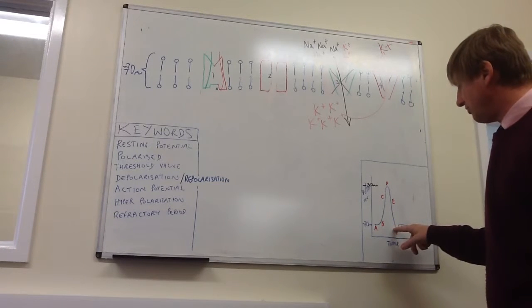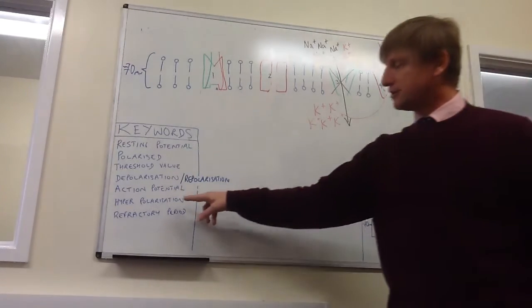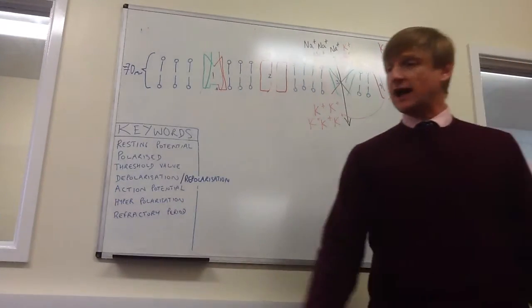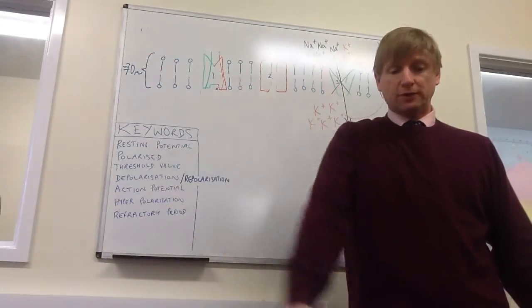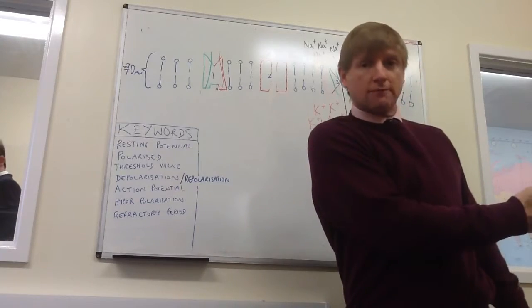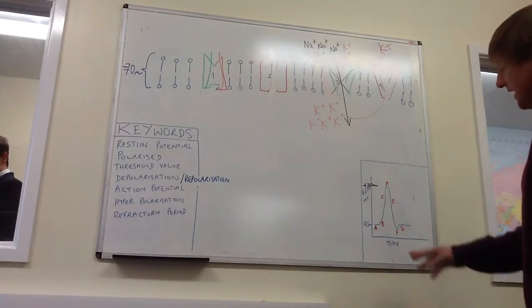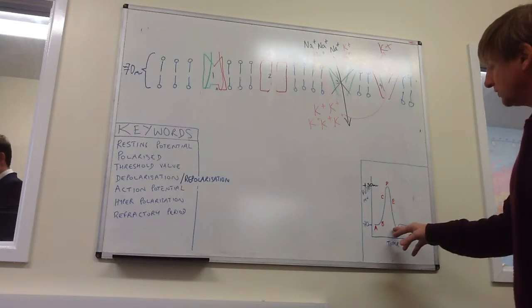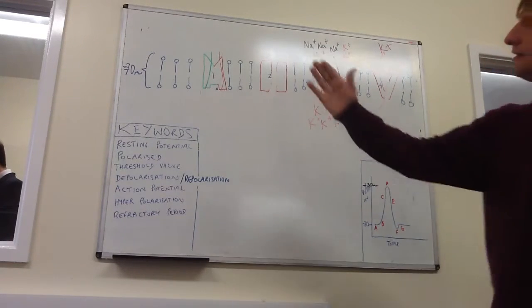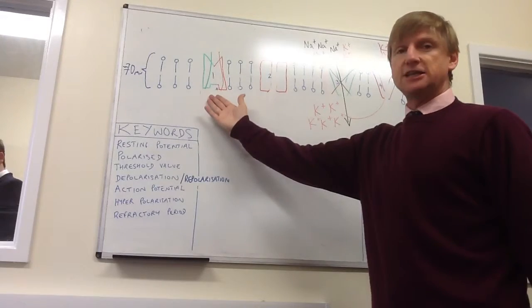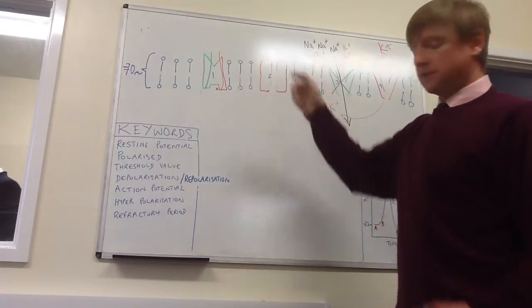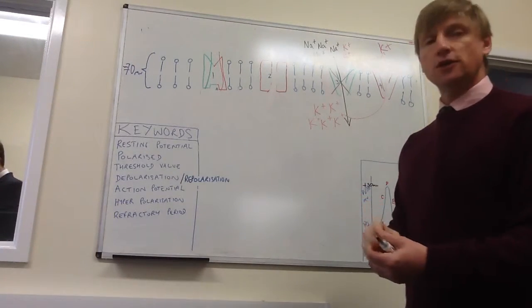And this we call hyperpolarization. This is where the potassium ions, instead of stopping at minus 70, overshoot their mark and go lower than the minus 70. This then is restored by the sodium-potassium ATPase pump and the potassium leak channels again.